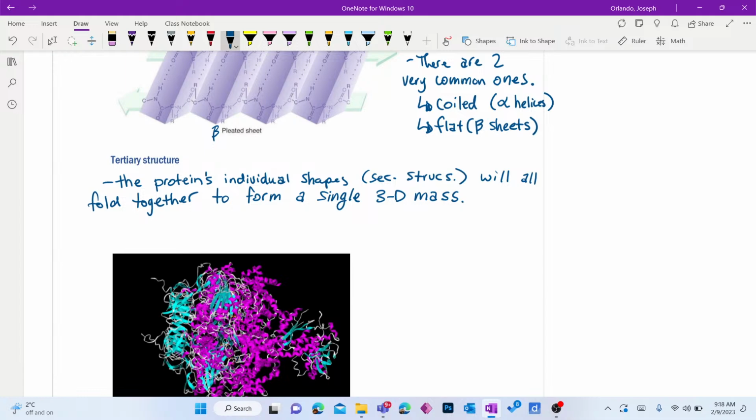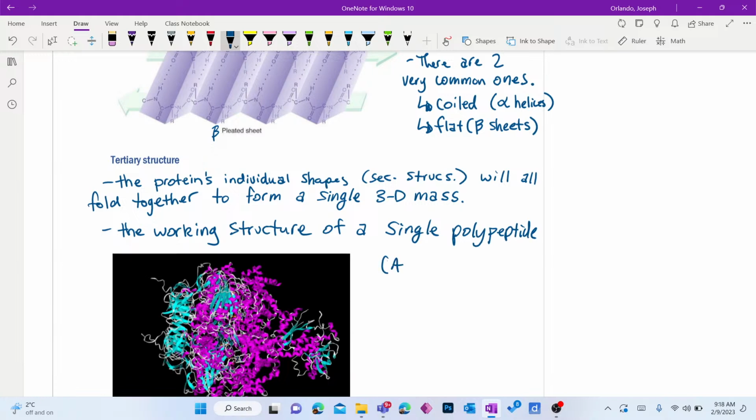But this is the working structure of a single polypeptide. And because it's now working, we call this a protein. And all the stuff that does anything in your cells, that is made by your cells, is a protein.